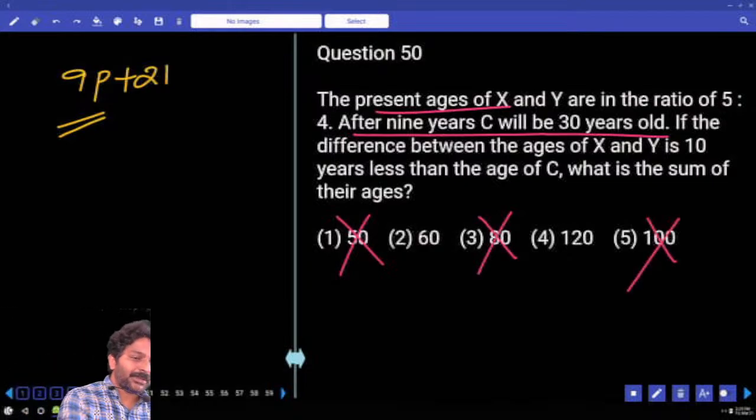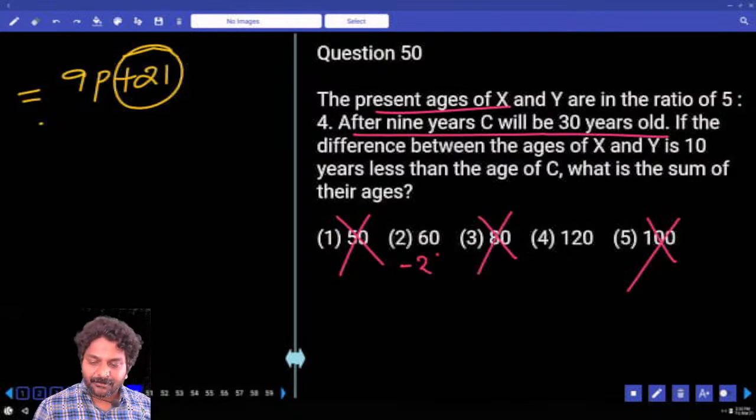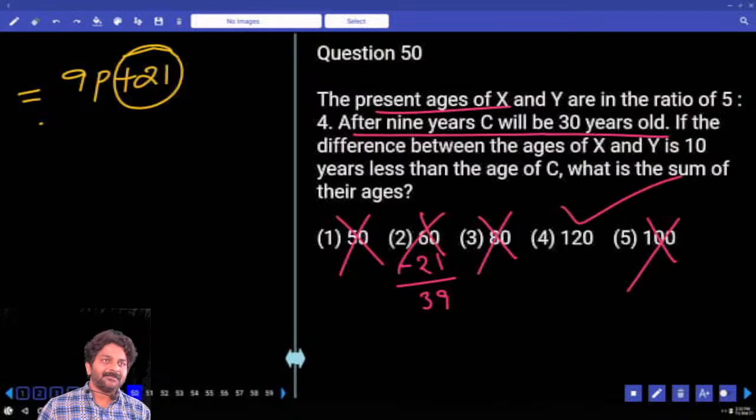Now what I'll do is, because there are options, the answer must be in this particular form. From the option, if I subtract 21, it has to be a 9 multiple. Second option, minus 21, how much is that? 39. Is it a 9 multiple? Eliminate fourth. Final. Follow?